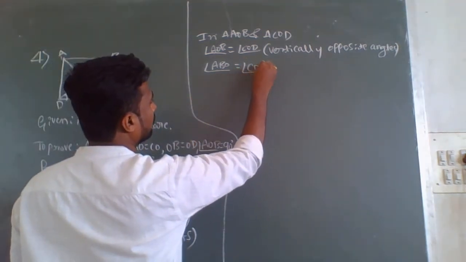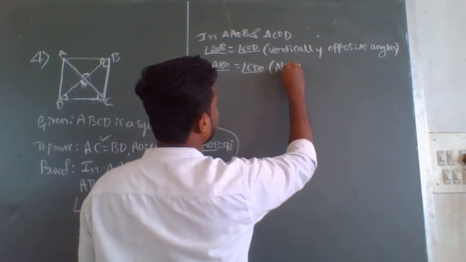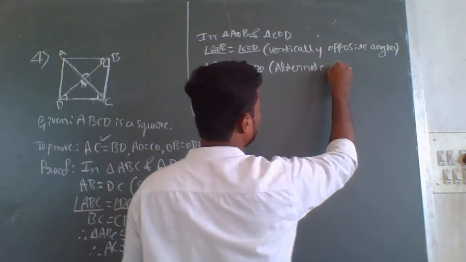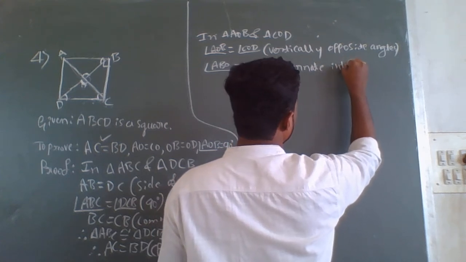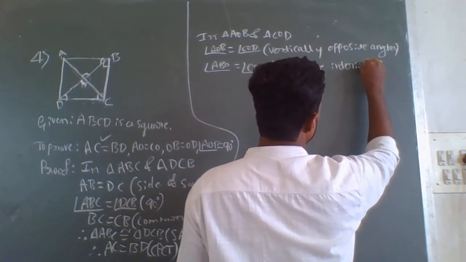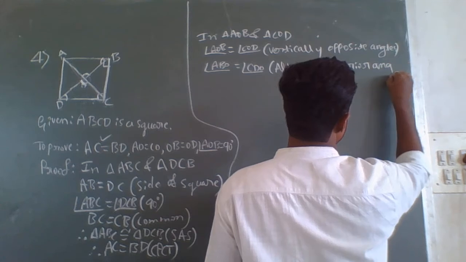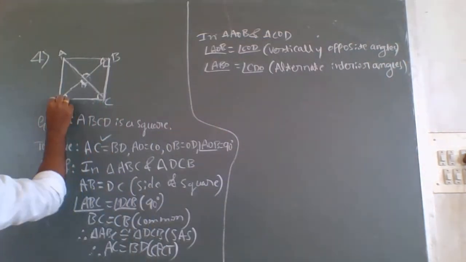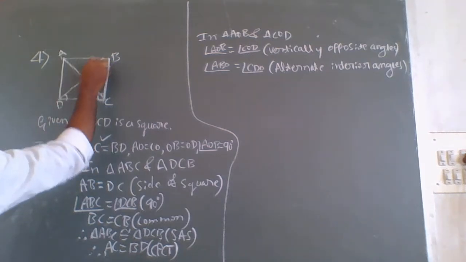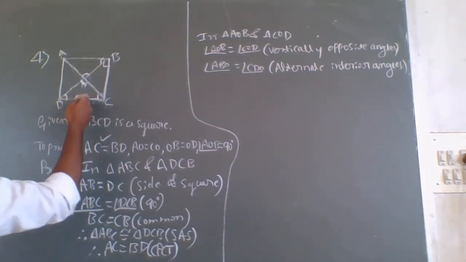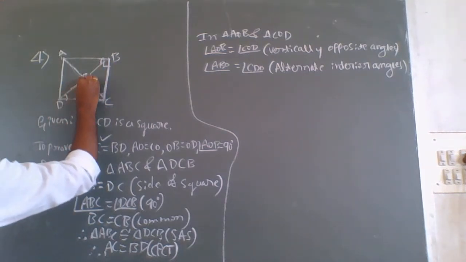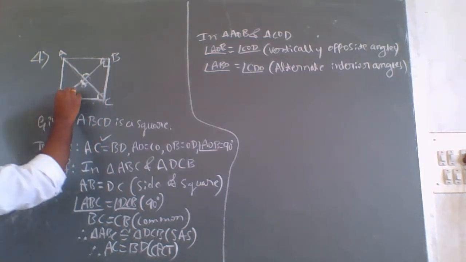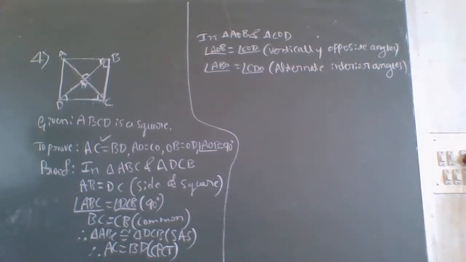Why? By alternate interior angles. How are these two alternate interior angles? Here we know that in a square opposite sides are always parallel. AB is parallel to CD and this diagonal BD is a transversal line, meaning an intersecting line. Therefore, these two angles are equal.